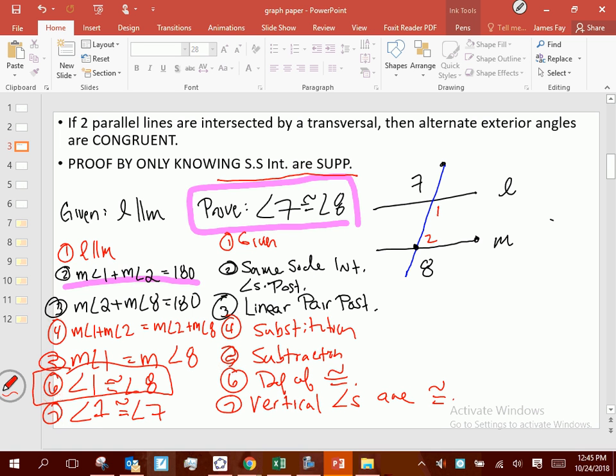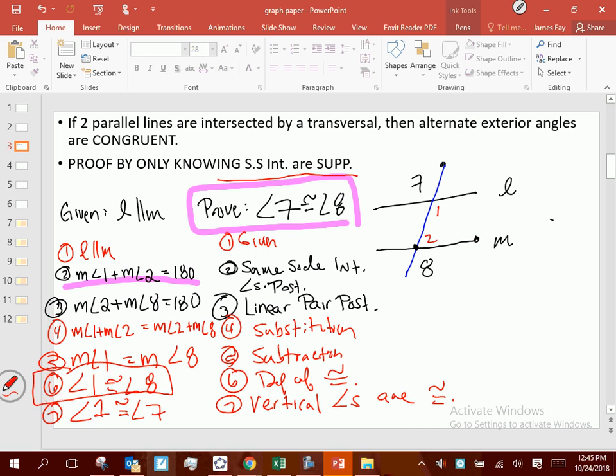The vertical angles are congruent, right? So we'll write vertical angles theorem, that's fine. Now look at statements 6 and 7. 1 is the same as 8, but 1 is also the same as 7. So what can you say about 8 and 7? Yeah, they're congruent, okay? The way I read it, I would flip-flop the 1 and the 8.